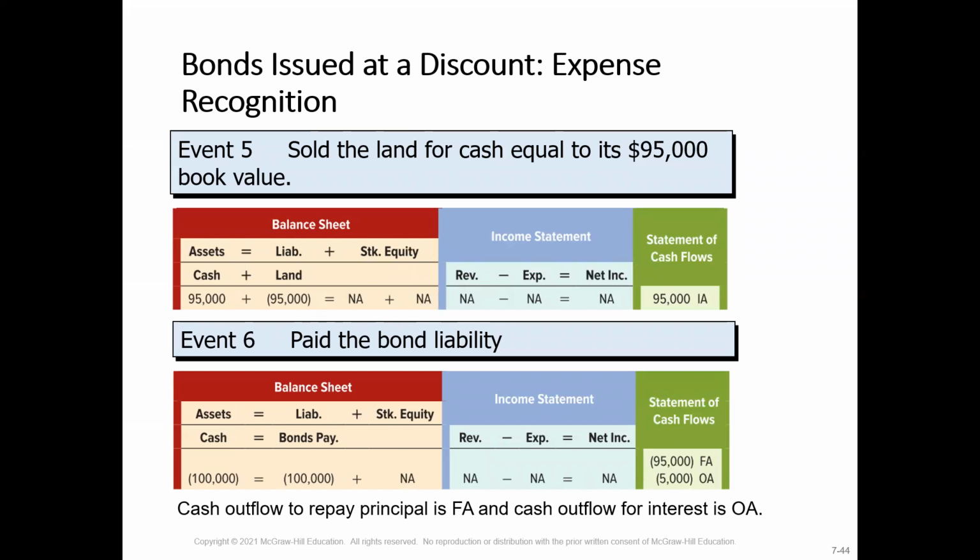That's why that happens at bond maturity, even though we were accruing or amortizing the discount, that had no effect on the statement of cash flows, not until the cash was paid out. So $95,000 was to settle the bonds. $5,000 was interest. So that's why the split between financing and operating activities.